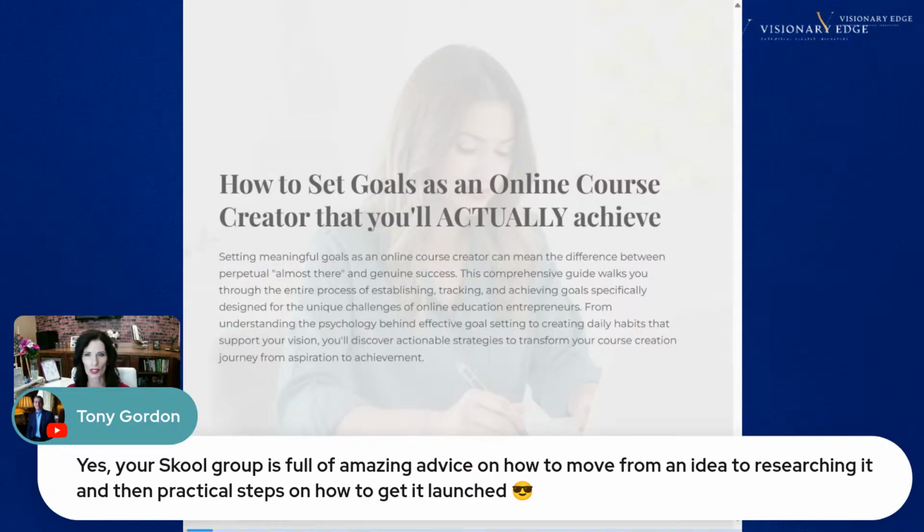And I give you tools and templates to be able to pre-sell. So copy templates, email templates to pre-sell your online course and enroll students before even getting started, before you even create a module or anything. So you get paid to create, which is a beautiful thing to be able to do.